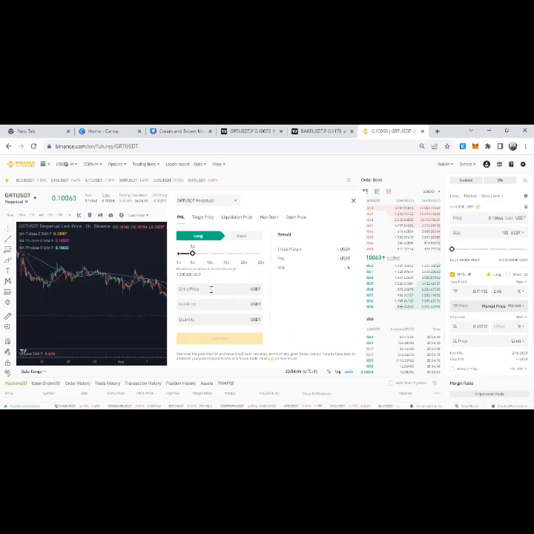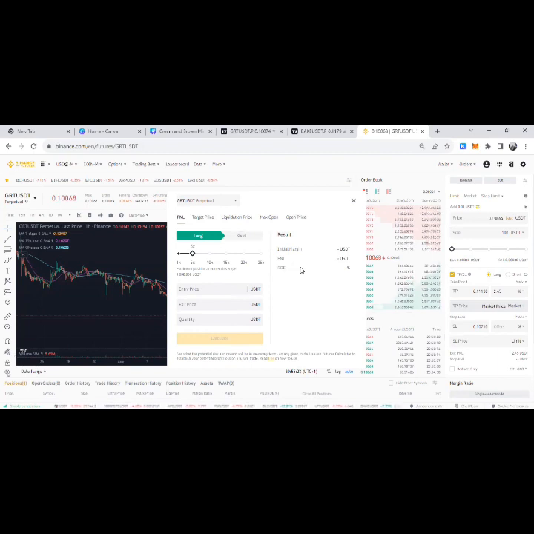Now, if we put our entry price, exit price, as well as the quantity, it is going to give us our estimated P&L here.